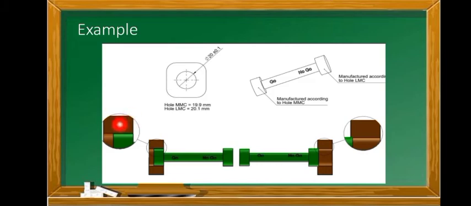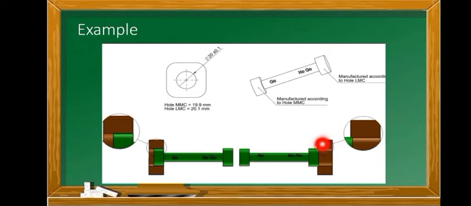the color brown is our piece or component to check. So, the go gauge should go inside the part feature. It should fit in the component. And if it fits in, this means that the mating part does not have excessive material.